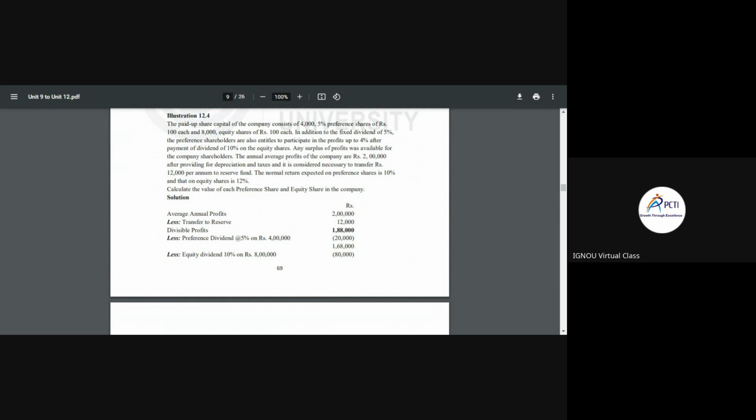You need to calculate the value of each preference share and equity share in the company. First of all, we take the average annual profit, rupees 2 lakh. Then we deduct transfer to reserve 12,000, and we get the divisible profit of rupees 1,88,000. Then we deduct preference dividend at 5%.